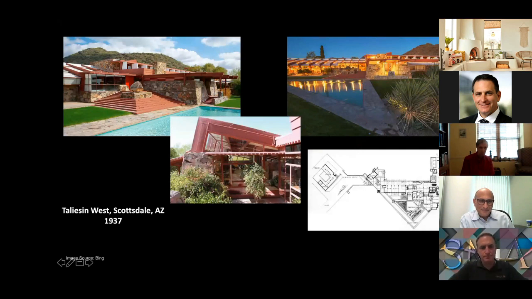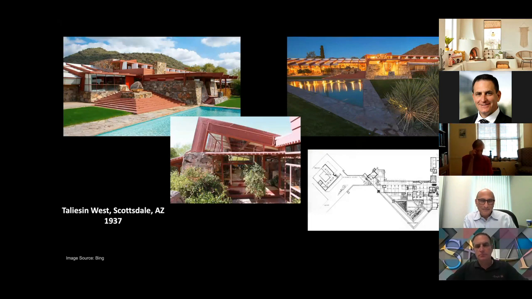Taliesin West was Wright's winter home and school in Scottsdale, Arizona, from 1937 until his death in 1959 when he was 91 years old. Today, it's the headquarters of the Frank Lloyd Wright Foundation.